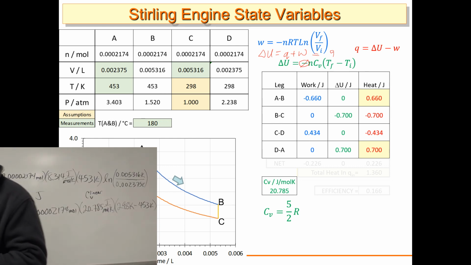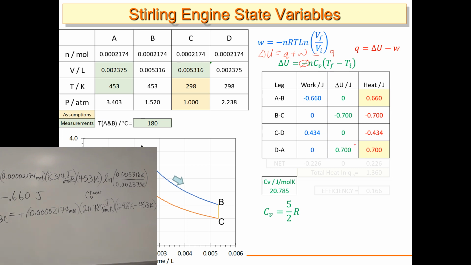Yes? So for the two isotherms, should we expect them to be the same value, just different signs? Or is that just for this example? You mean the heat and the work should be the same value, different signs? Oh, no, for delta U. Oh, for these?